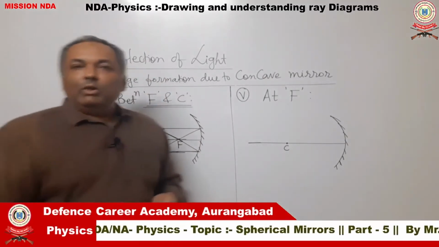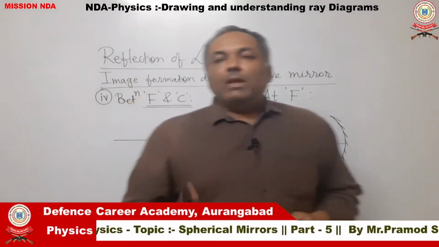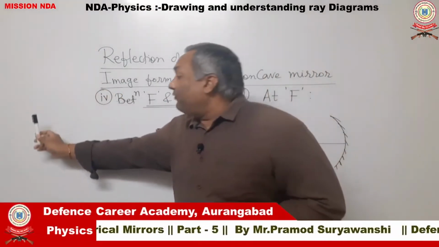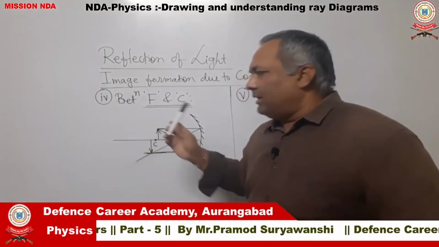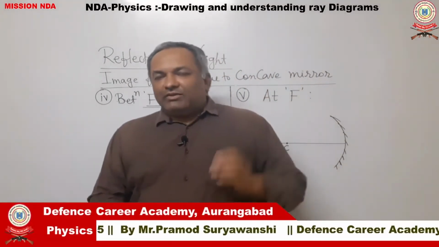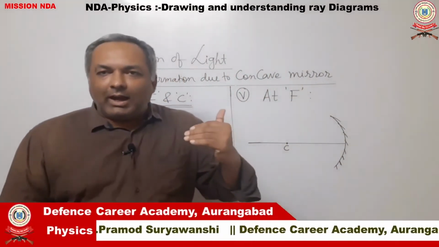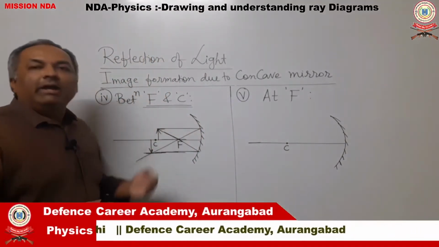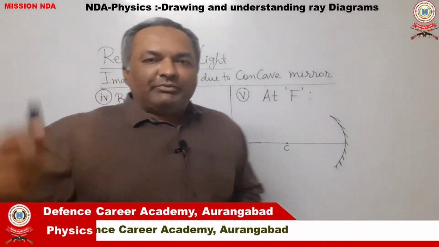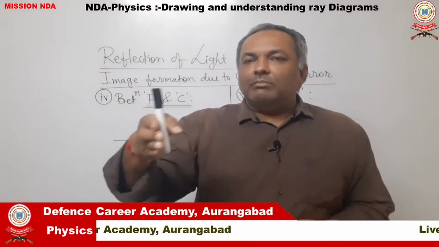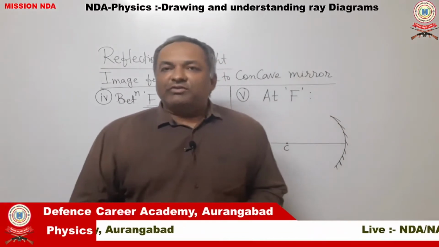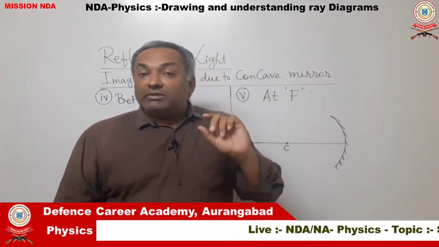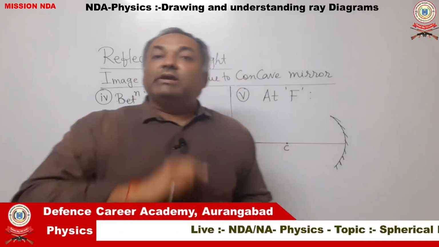So in a way, you can also state that as you bring the object, which initially was at infinity, closer to the mirror, as long as you do not touch the focus, that is, you are still behind the focus, the image will remain real and inverted, but the size of the image will go on increasing.